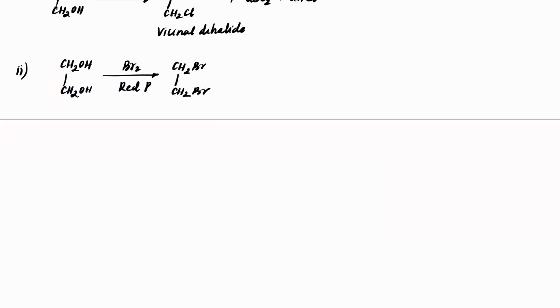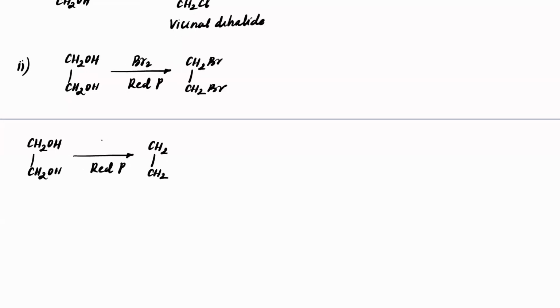Suppose the same reaction is done with iodine, that is, red phosphorus and I2. Then you should get CH2I and CH2I. Well, you will just get this CH2I form here, but these vicinal iodides are highly unstable.